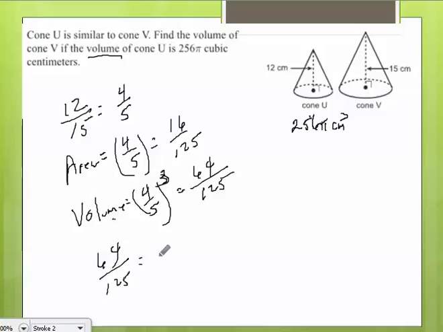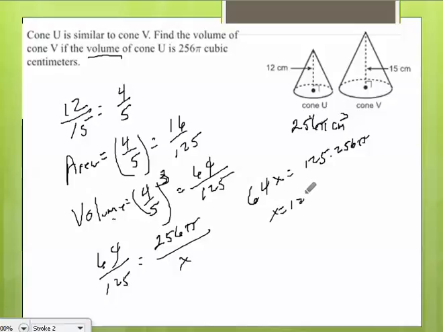And that's going to be equal to, this is the smaller one, so it's going to be 256 pi divided by x. We don't know what x is. Means and extremes. 64x is equal to 125 times 256 pi. Okay? X will be equal to 125 times 256 divided by 64 times pi.